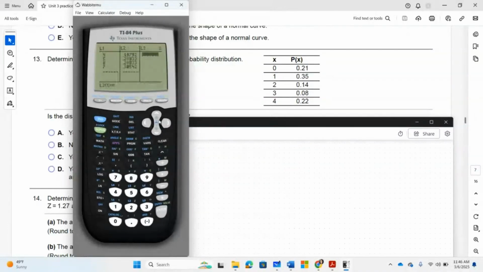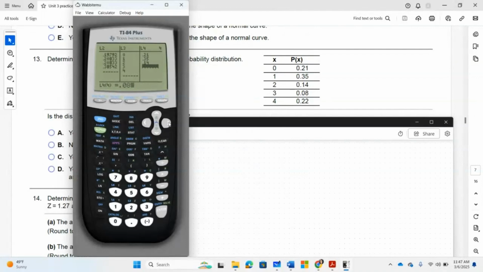So I will put all my random variables in L3. So I have 0, 1, 2, 3, 4. And I actually go to L4 and put in the probabilities. 0.21, enter. 0.35, enter. 0.14, enter.